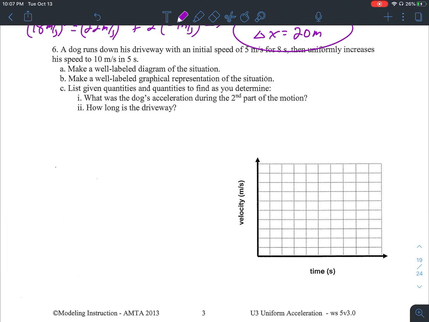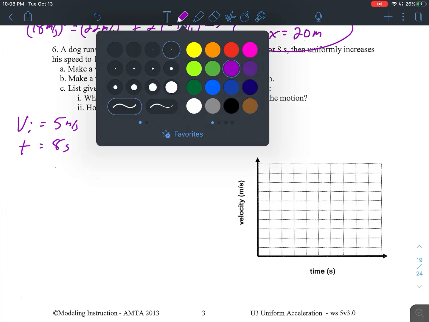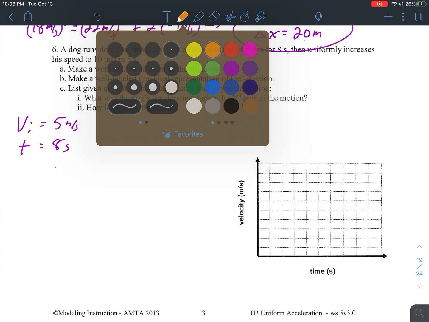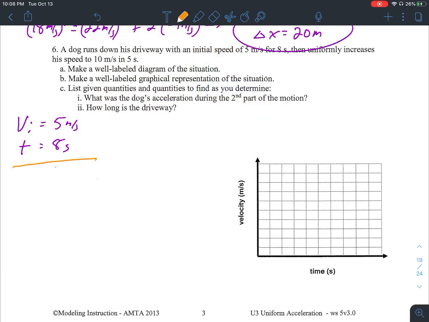So we know initial velocity is 5 meters per second, and that time is for 8 seconds. And maybe use a different color or area of your work and make a note, this is our constant velocity.